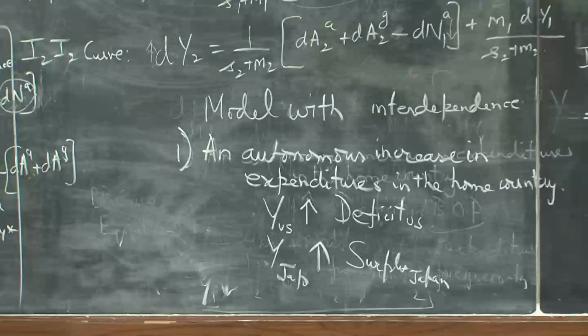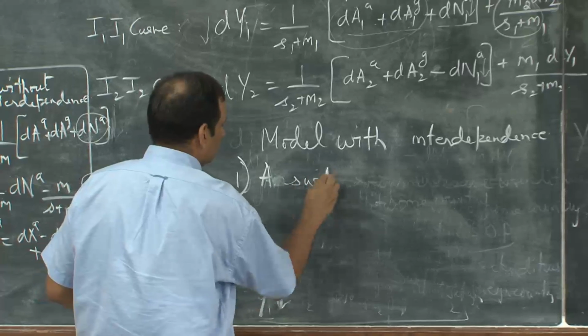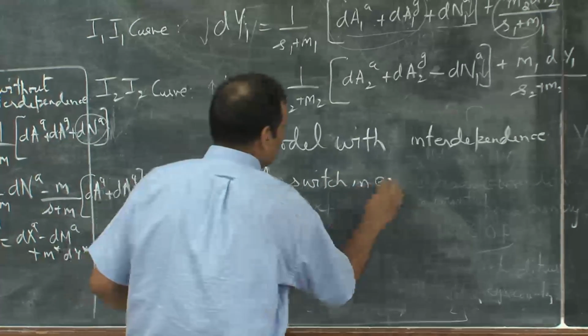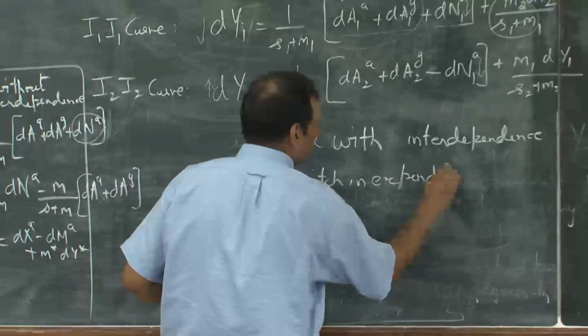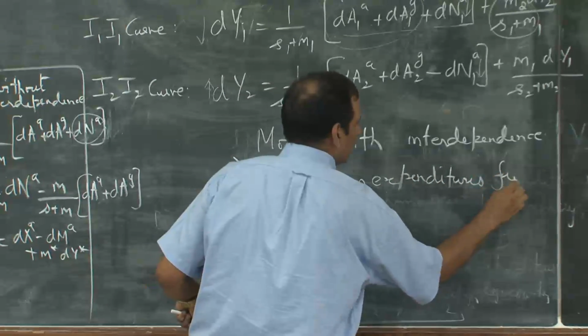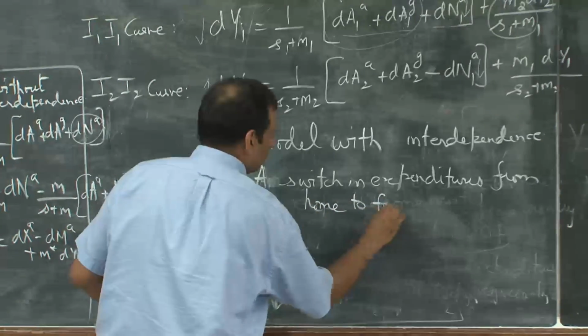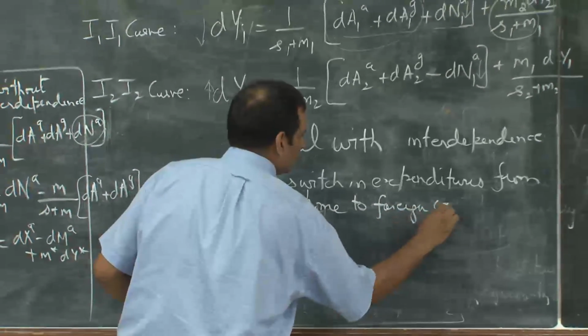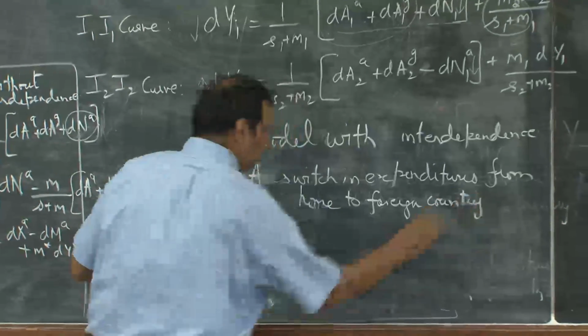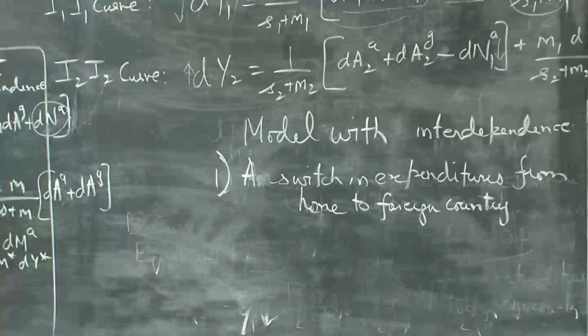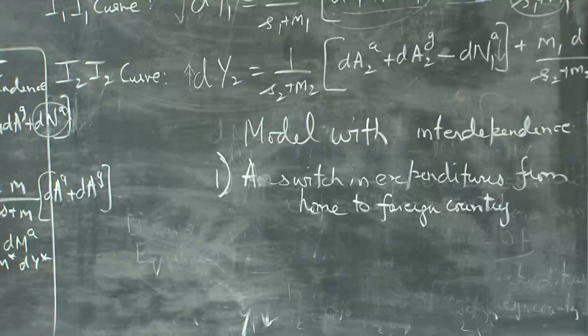Quickly on the second point, again, what will happen if there is a switch in expenditure from home to foreign country? What do you think will happen in the economy?